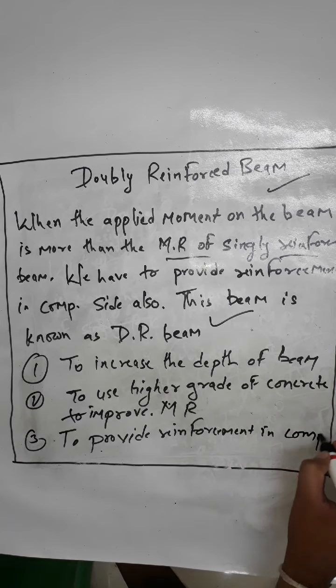So the first situation is when it is not possible to increase the depth of the beam due to architectural purposes, because someone needs an aesthetic view and for that he or she doesn't want to change the structure part.